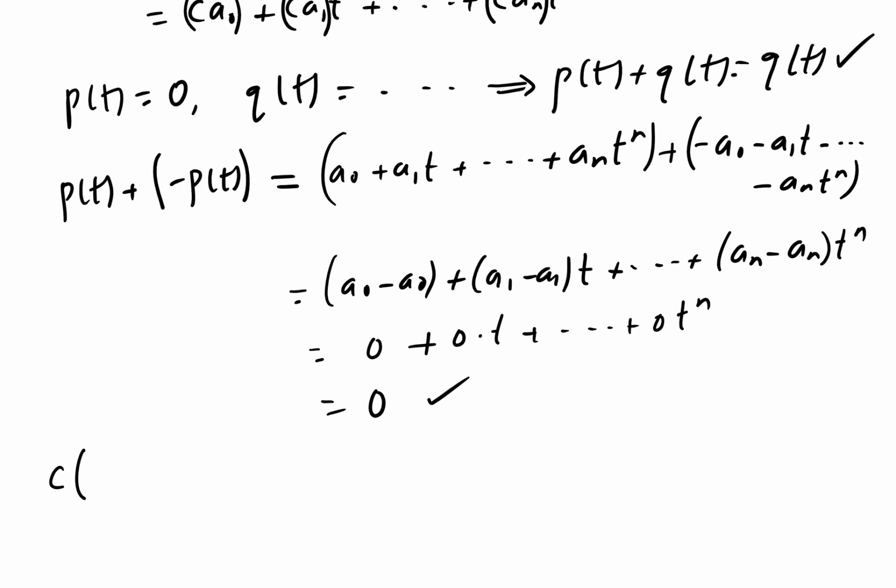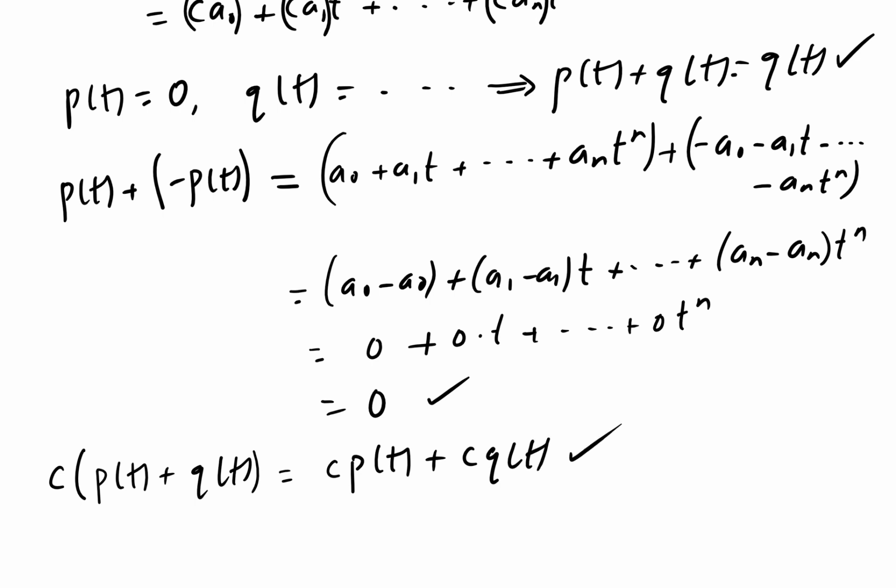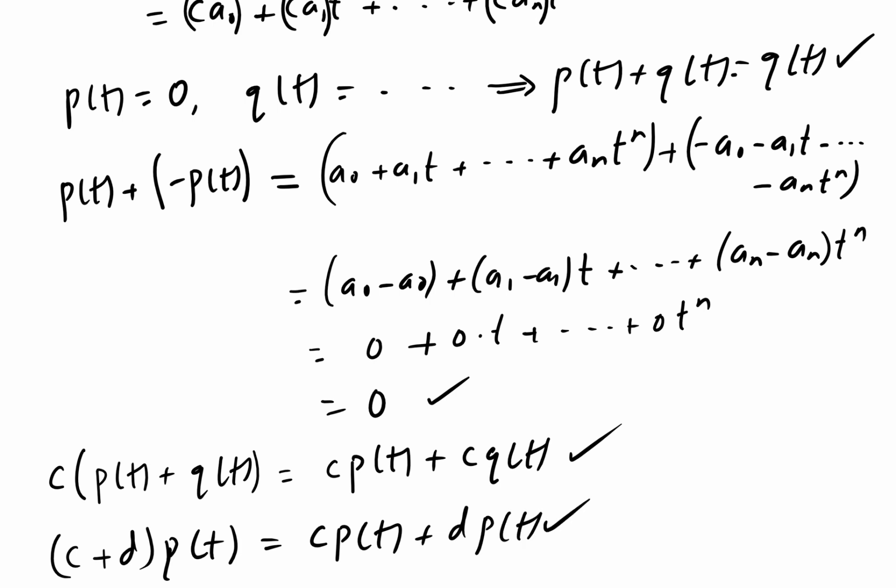How about the next one? C times U plus V, so C times P of T plus Q of T. If you do the work, you can multiply a scalar by the polynomial. So this works. How about C plus D times P of T? Can you distribute this out? Yes, you can: CP of T plus DP of T. So this works as well.